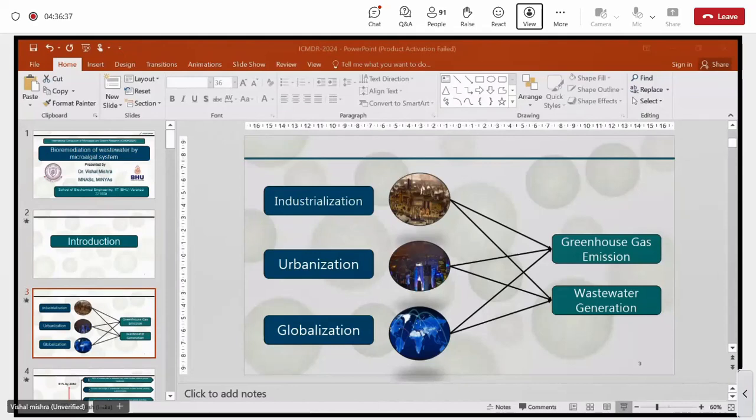I have already done it in the slideshow full screen. It's not showing in the video. Can you do it again, please? One second. I'm on slide number 3, which shows greenhouse emissions and wastewater generation.